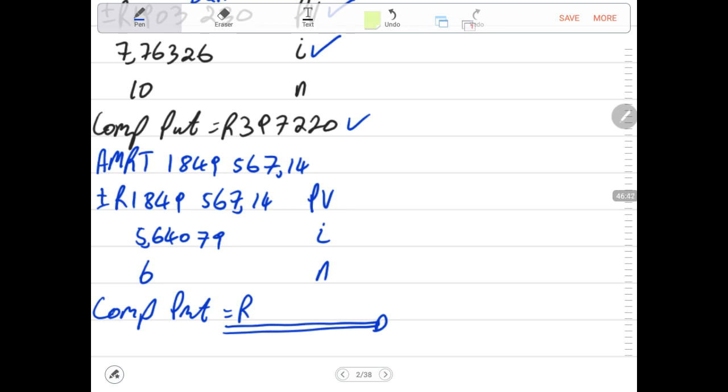Make sure that you remove it. First clear the memory, then say second function future value to remove the BGN. Then now we're calculating using that present value, 1,849,567 rand 14 cents, and this is our present value.